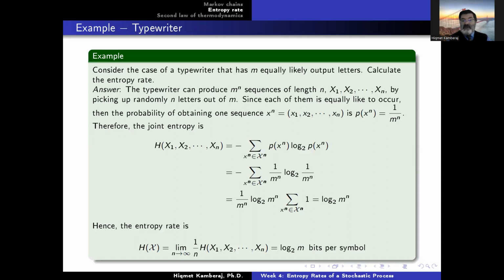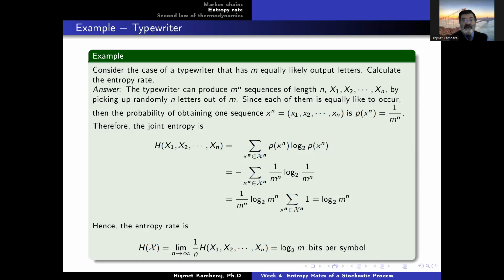Since each of them is equally likely to occur, the probability of obtaining one sequence, denoted as x to the power n, is 1 over m to the power n.